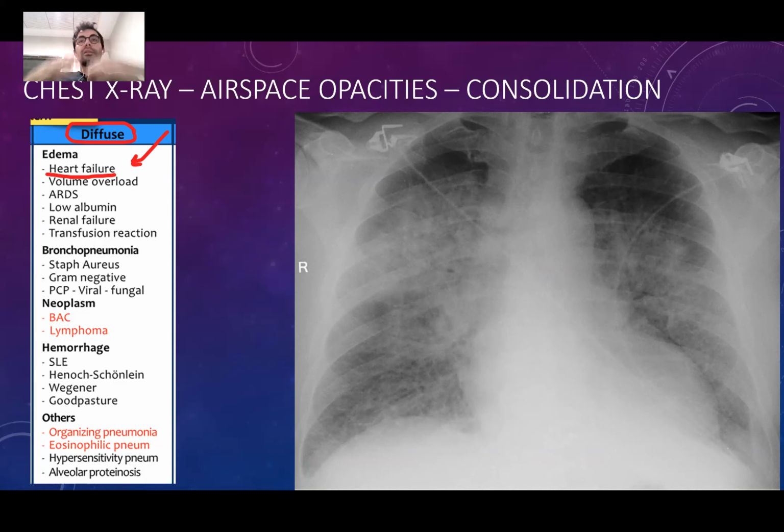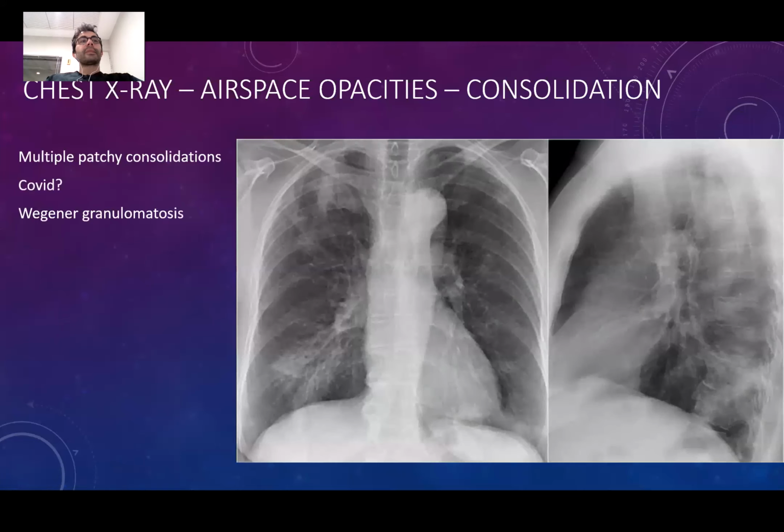So the patient also goes into insufficiency and pulmonary edema. Okay, in this case, we are seeing patchy consolidations, some consolidation here, some consolidation here, something here, and some small area here as well. What would you think of if you see a patient like this today?